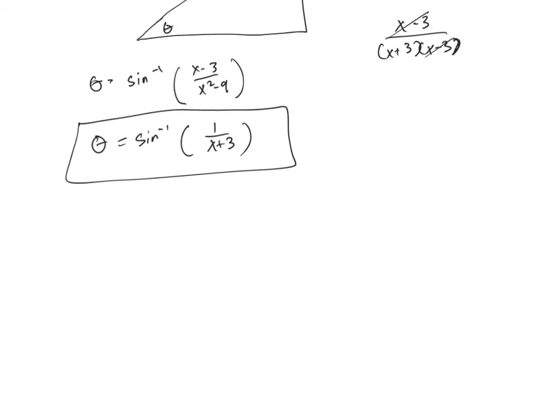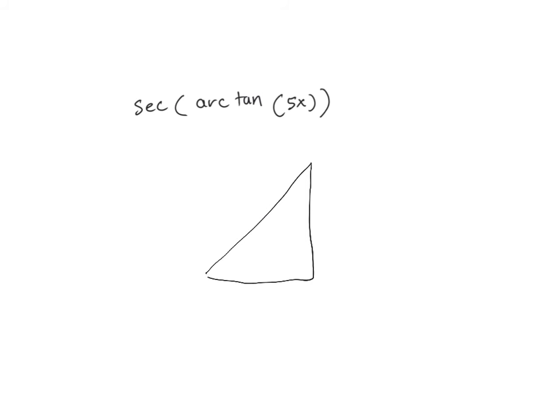Now let's say they want us to find the algebraic expression equivalent. So let's say we have secant of the arctangent of 5x. Well, let's draw a triangle. It always helps to draw a triangle to figure that out.